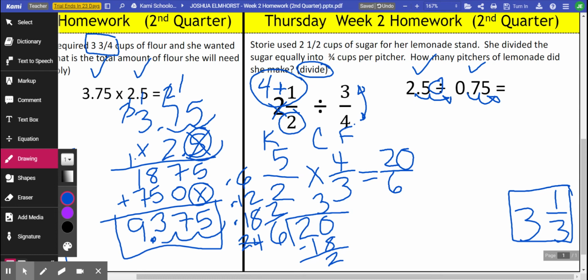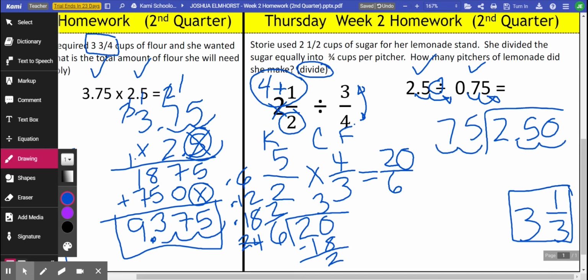So instead of dividing by 0.75, 2.50 is being divided by 0.75, and we move it over 2 places, 1, 2. That's actually going to be, instead of 75/100ths, 250 divided by 75.